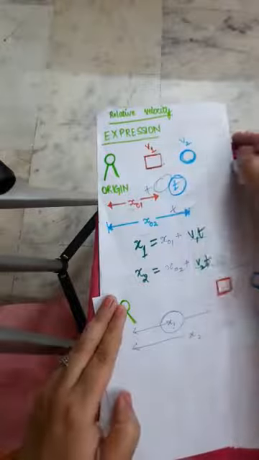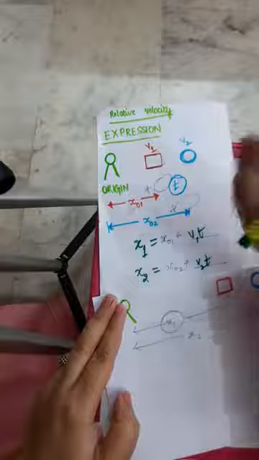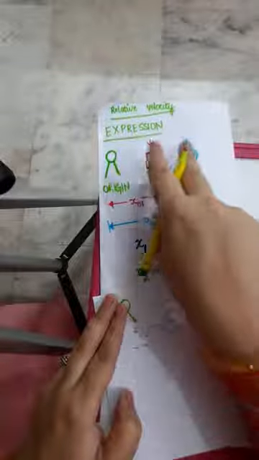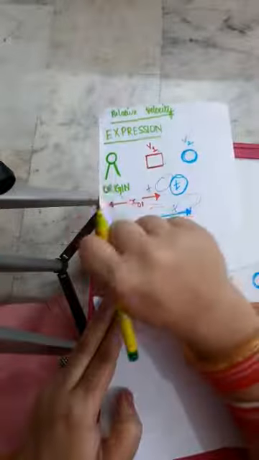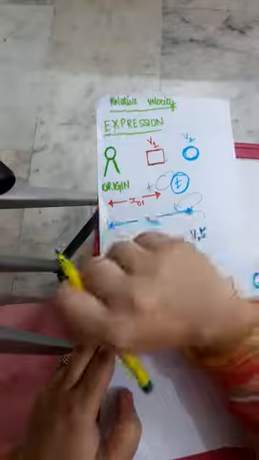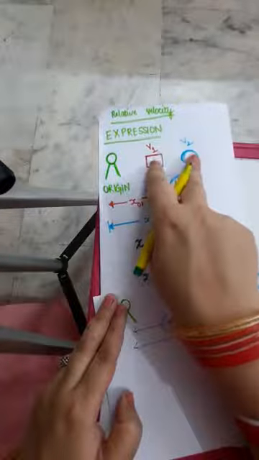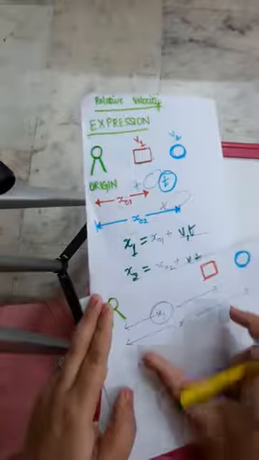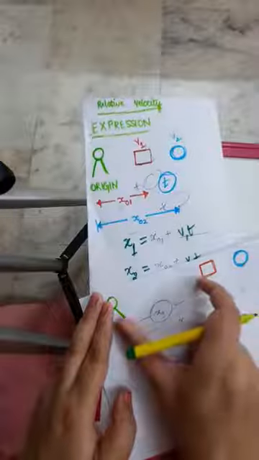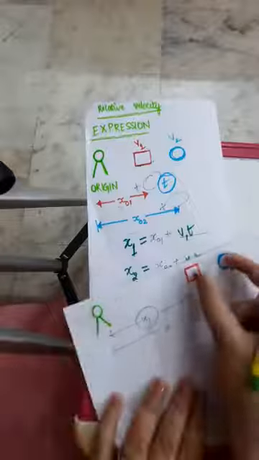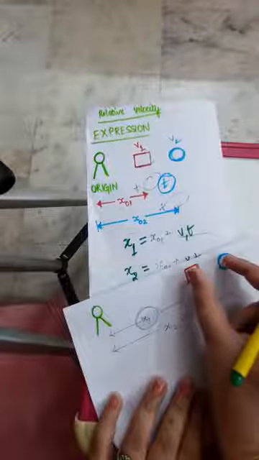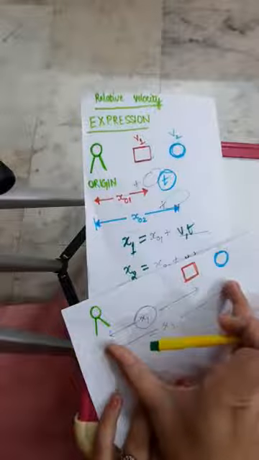Now you need to find the relative velocity. Relative velocity is always defined as the velocity of this object with respect to the other object, not with respect to the origin. Even if these two objects are situated x2 and x1 distance away from the origin respectively, what is the separation between them? It is x2 minus x1.